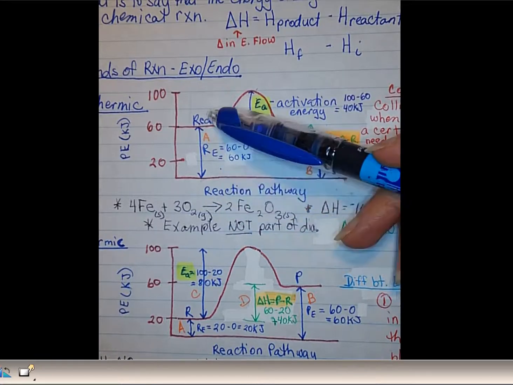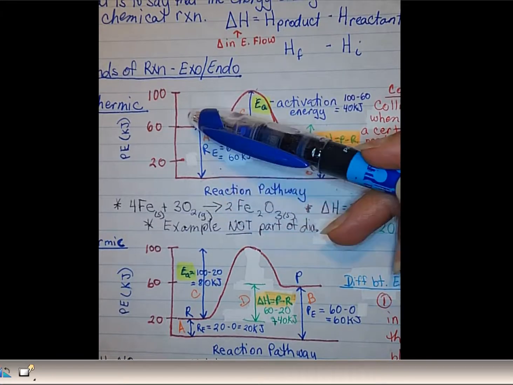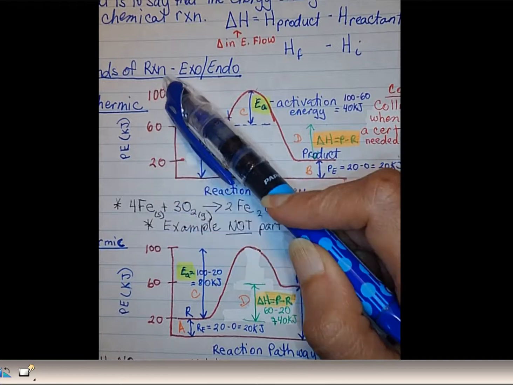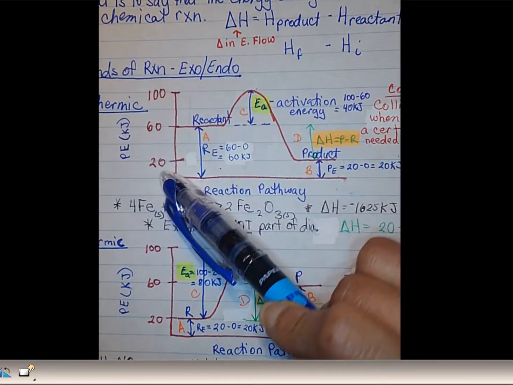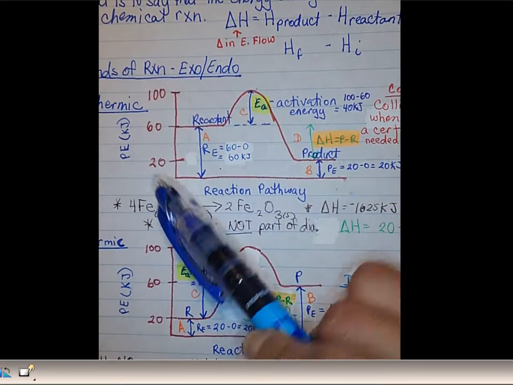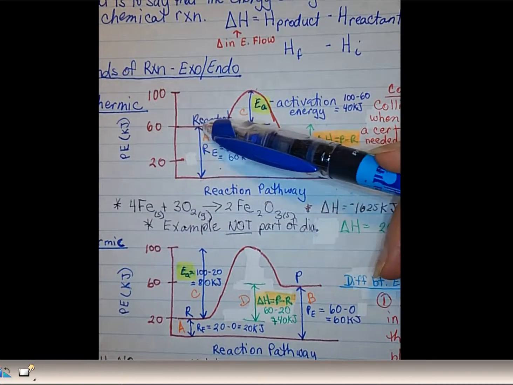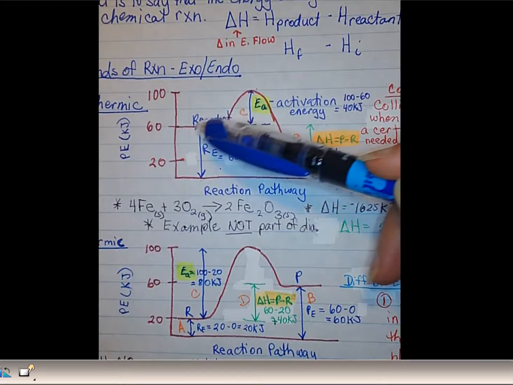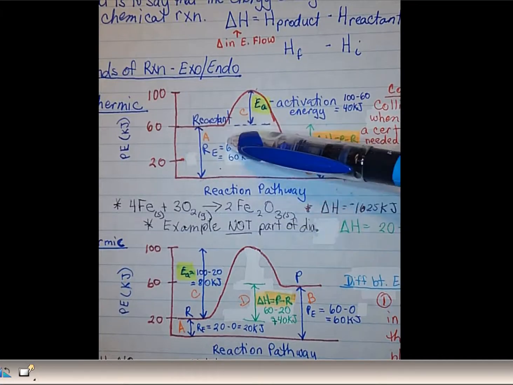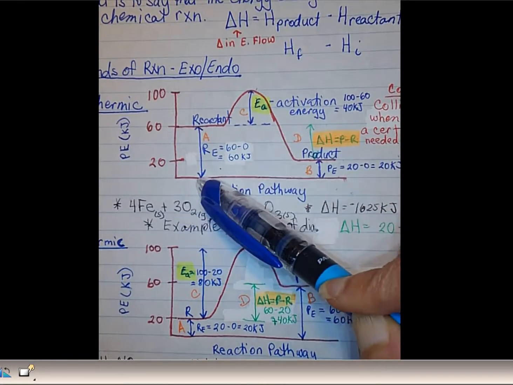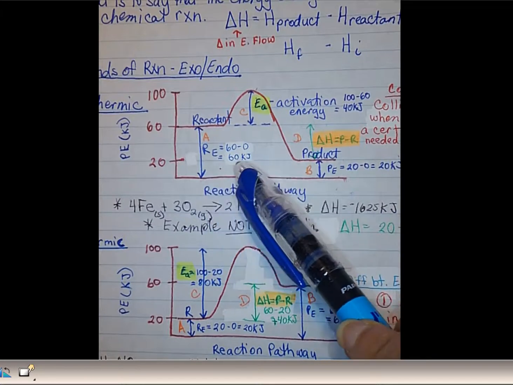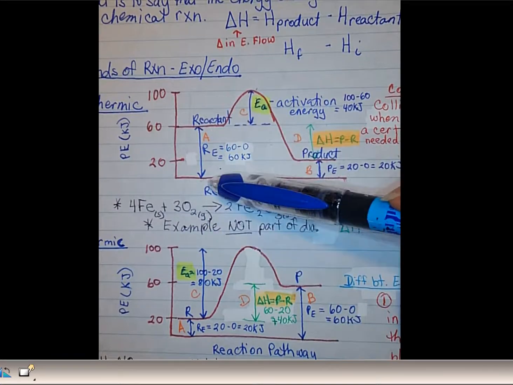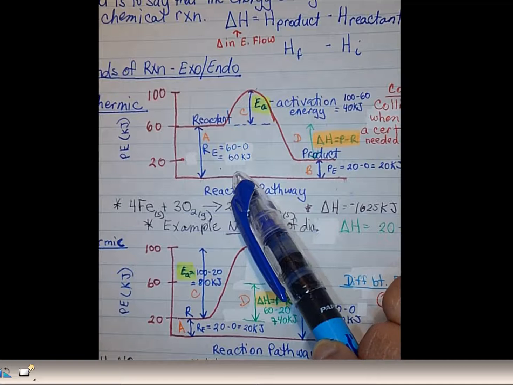This is where your reactant energy is. I've just made up some numbers to give you an idea how to do the calculations. The energy of the reactant starts off at 60 kilojoules minus 0, going all the way to the bottom. So the total reactant energy is 60 kilojoules.